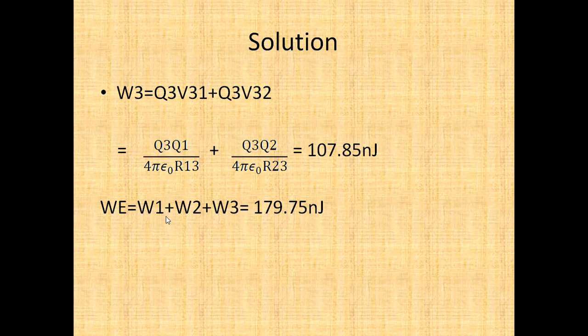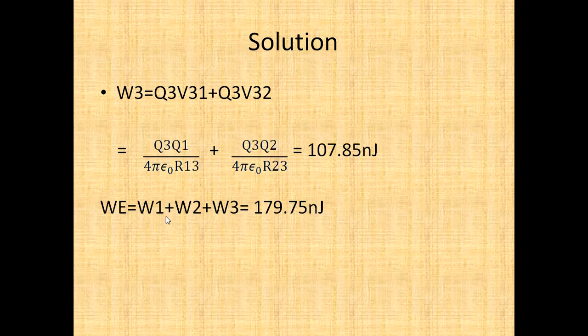Then W3 is equal to Q3 V31 plus Q3 V32. So it is Q3 times Q1 upon 4 pi epsilon R13, plus Q3 times Q2 upon 4 pi epsilon R23. R13 and R23 are the distances between the points, from where to which position we have to shift the charge.